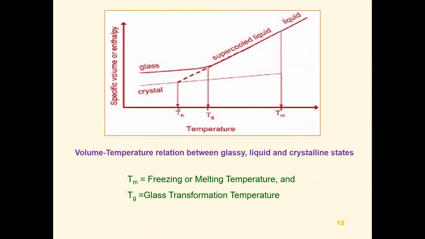Below this freezing or melting temperature, the liquid becomes a supercooled liquid, down to the glass transition temperature. Finally, when the temperature reaches Tg, the glass transition temperature, the liquid undergoes transformation into the amorphous state.